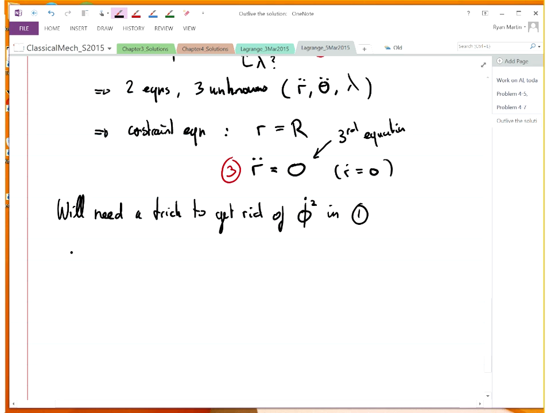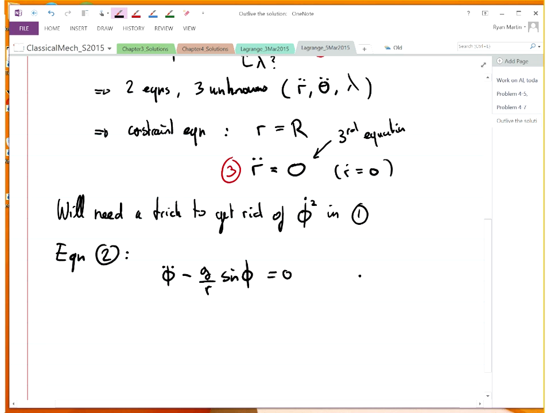So equation 2, I have no choice but to give you the actual form of it. Equation 2 is going to be phi double dot equals G over R sine phi. Actually, we should write it as phi double dot minus G over R sine phi equals 0.